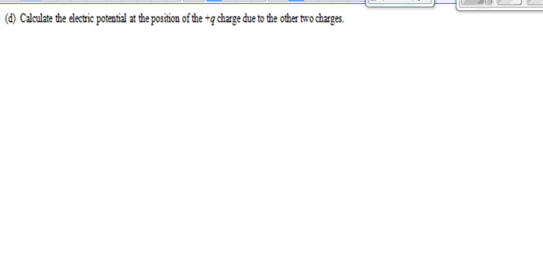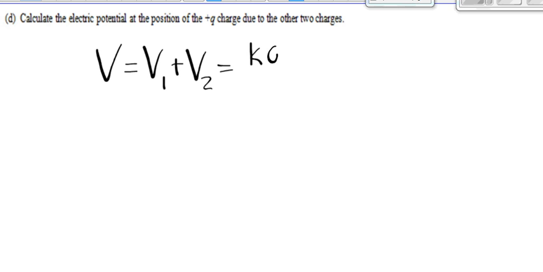All right, part D says calculate the electric potential at the position of the plus Q charge due to the other two charges. Well, electric potential is also very kind because if you ever want to find electric potential, you really just add up the individual pieces. And I know the equation for electric potential is just kQ over r. And now you just replace it with what it's equal to.